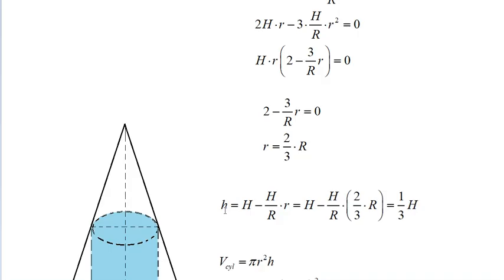Earlier we had the height of the cylinder is equal to the height of the cone minus the height of the cone over the radius of the cone times the radius of the cylinder.